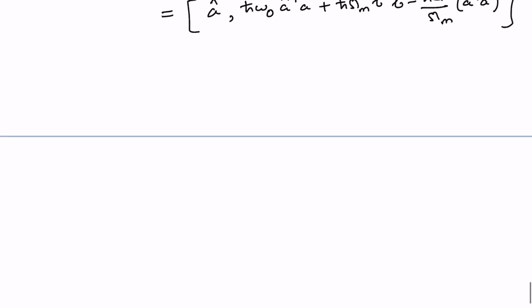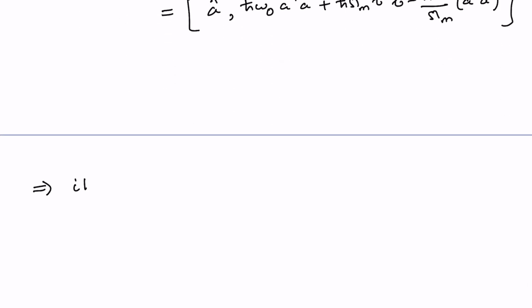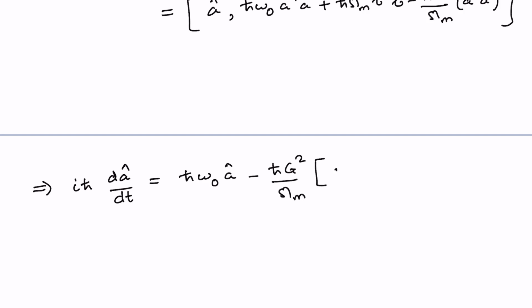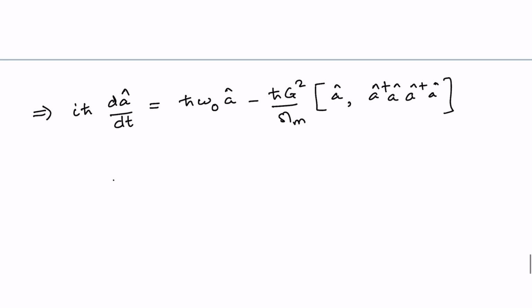So if I open it up, this is going to give me i h per dA dt is equal to, I am going to get terms like H per omega 0 A, and then I have minus H per Z square by capital omega M, and I have this commutation relation of A with A dagger A whole square. So let me write it as A with A dagger A times A dagger A. Let me work out this commutation relation.